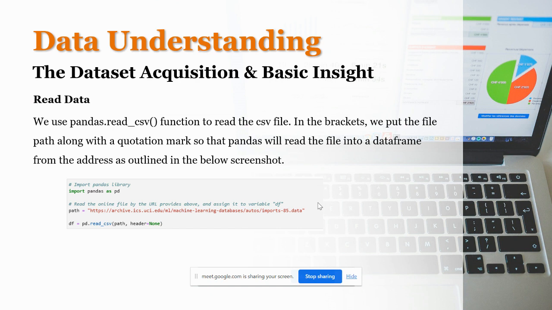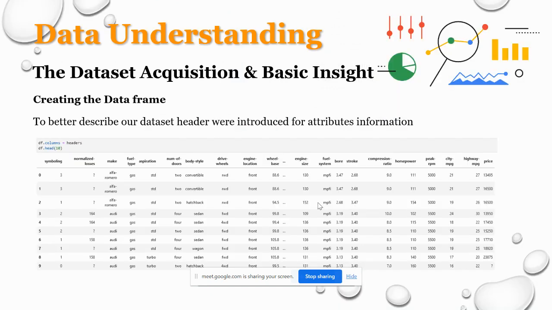What we're able to do is read the data using the pandas library and structure our data into a data frame, assigning the headers to it as well, and also getting the statistical summary of our data set. From creating our data frame, we're able to describe our data header and introduce it to make our data more readable.